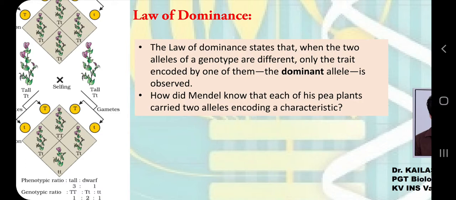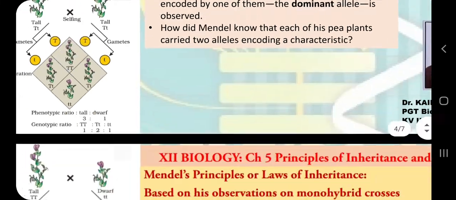What is dominance? The dominant allele is able to express itself in the F1 generation, and the recessive allele is not able to express itself in the F1 generation. And how does Mendel know that any individual surely has two alleles for each character? Because of the reappearance of the recessive character in the F2 generation, which was 25%, a 3:1 ratio.